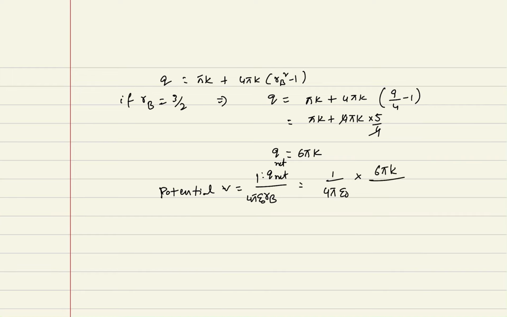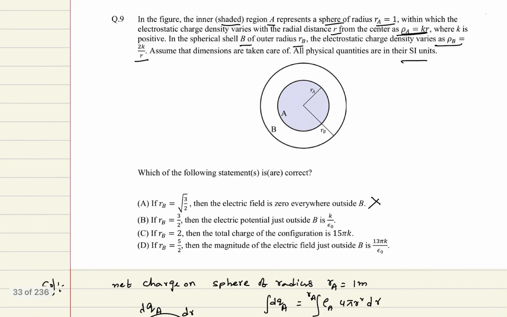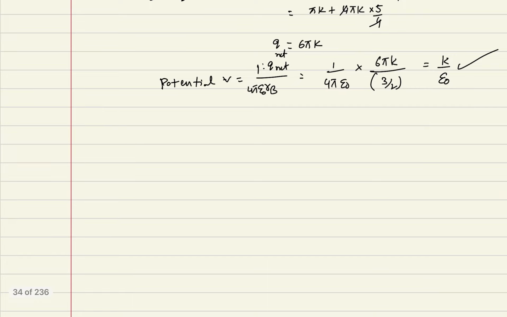So I can write 1 by 4 pi epsilon naught into 6 pi K divided by the RB value, which is 3 by 2. If you write this value, you can get 12 by 12. The pi also gets cancelled, giving K by epsilon naught. So the potential at this point is correct. At RB equal to 3 by 2, this value K by epsilon naught is correct.